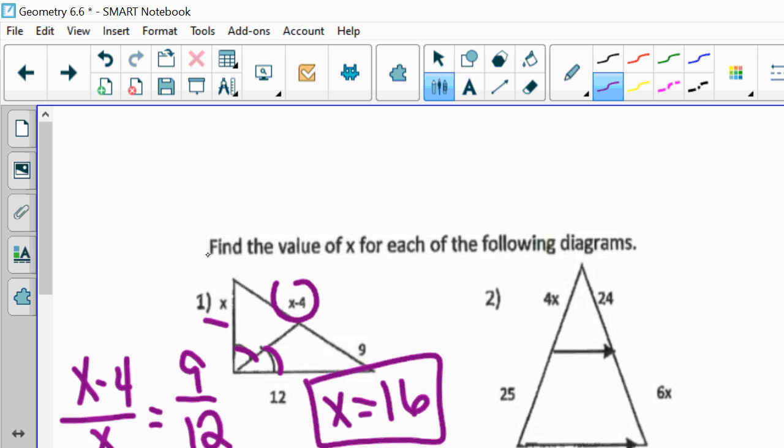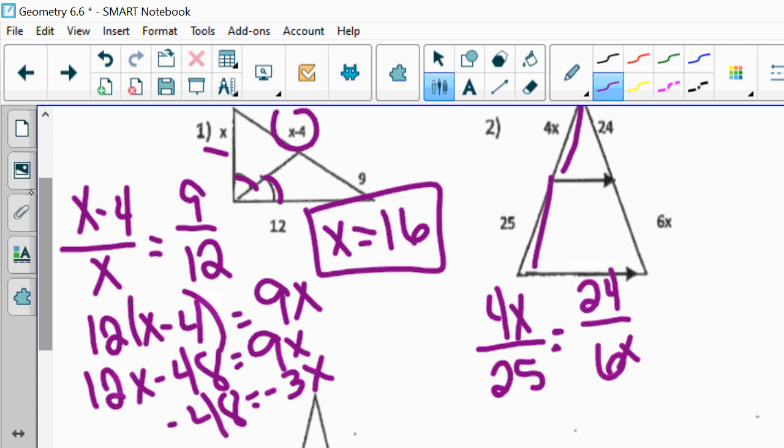Number 2, I see that I've got parallel lines, right? So this is our triangle proportionality theorem. So I could set up that side over this. So I could say 4x over 25 is equal to 24 over 6x.